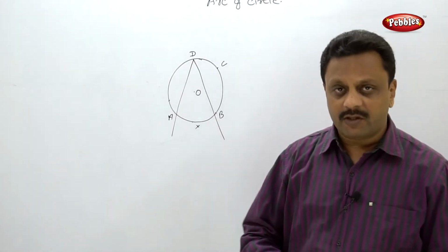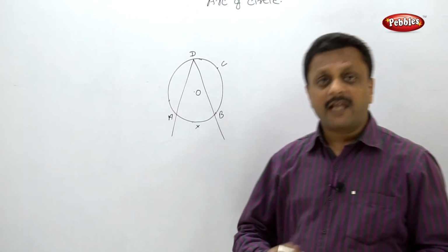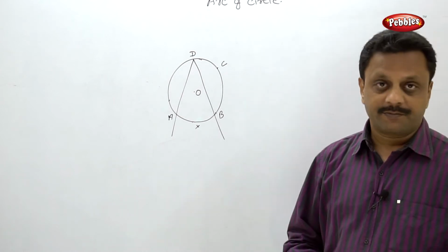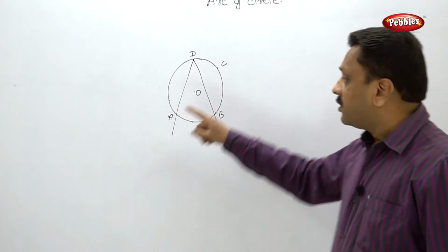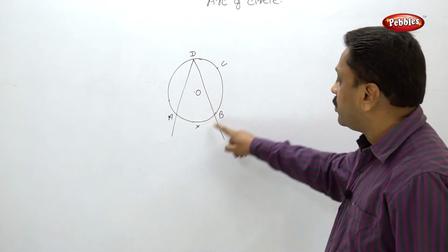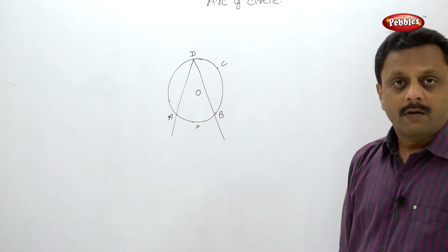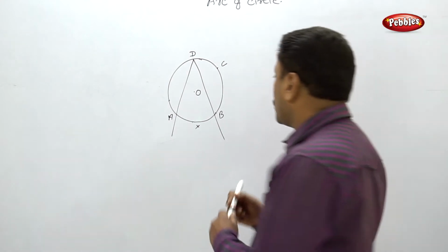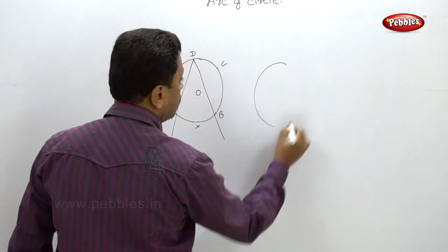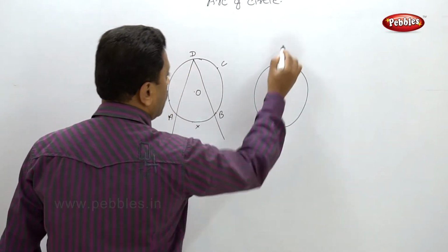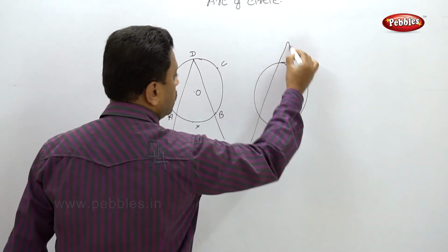Now just tell me one thing, how many arcs can be made by an angle? Here you can see this angle has intercepted only one arc. But is it a limitation? Suppose I have a circle and this is an angle.